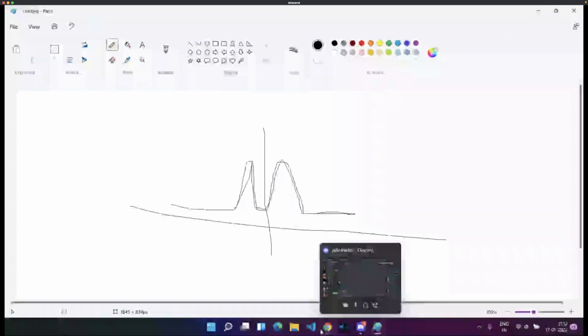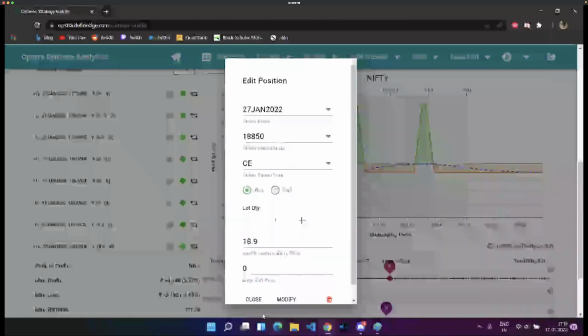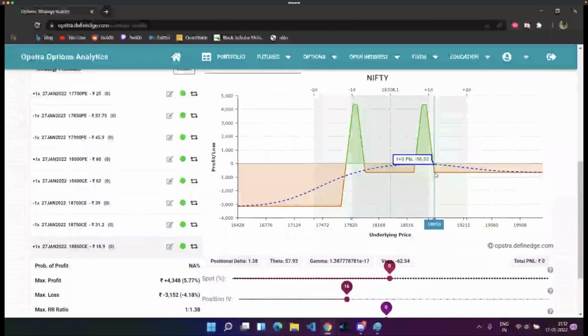So there are a lot of things you can do to achieve it. So one thing is obviously, like I showed, shifting the farther leg. Second thing is shifting the farther short closer. यहाँ पे 700 बेचा है, 750 बेचा है, तो वो $39 का है, $31 का है.